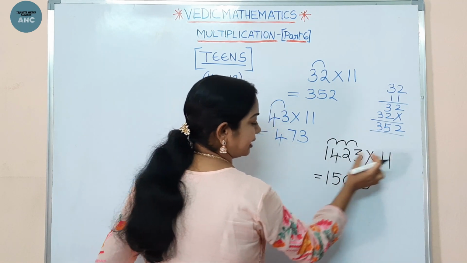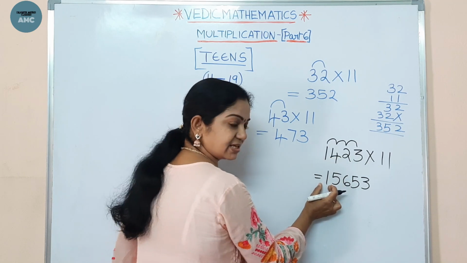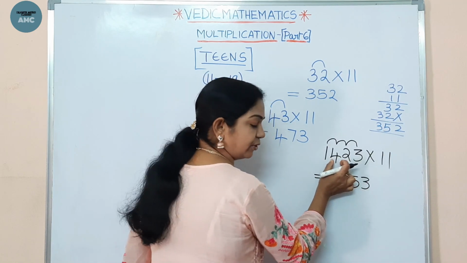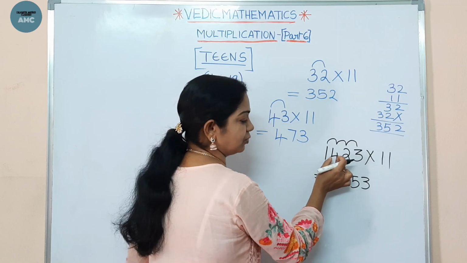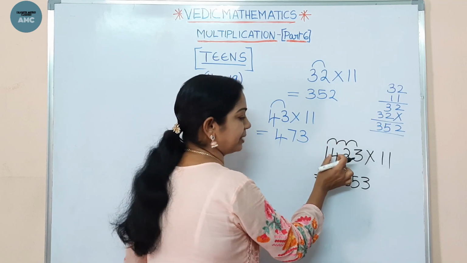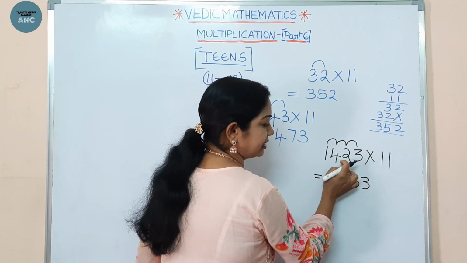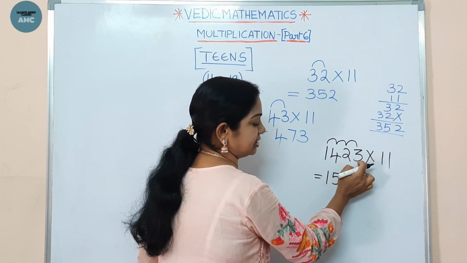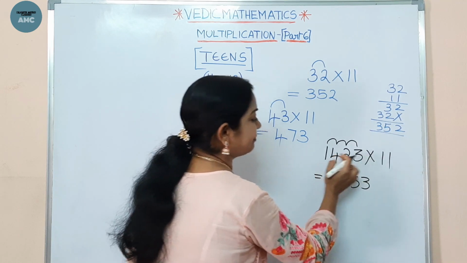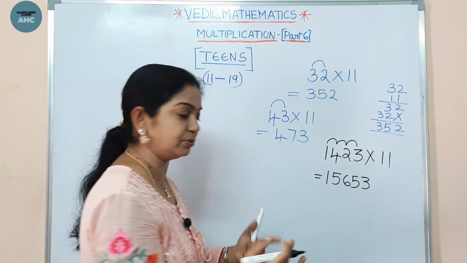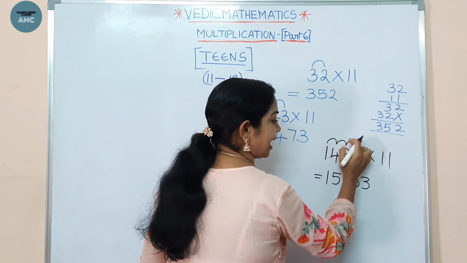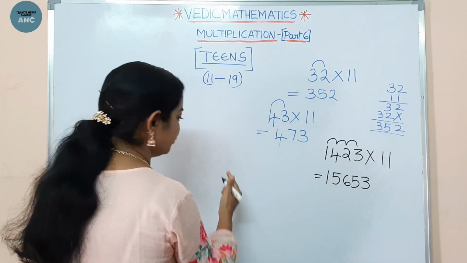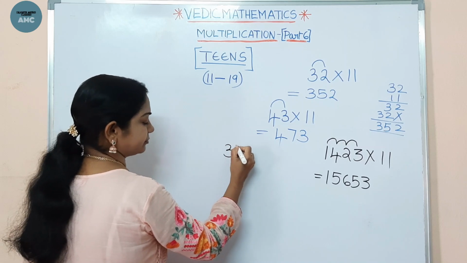So if I multiply with 1, the first as it is; 1 with 4 is 4, plus adding 2 is 6. 1 into 2 is 2, plus adding 3 is 5. Simply multiplying by 1, so I am not doing it. For 11, just adding.